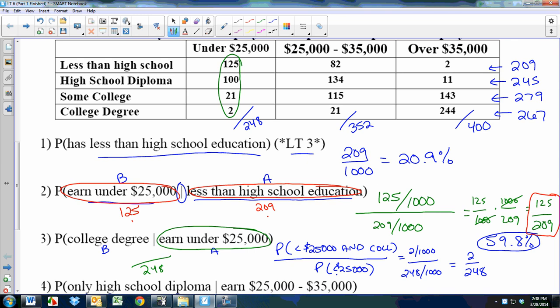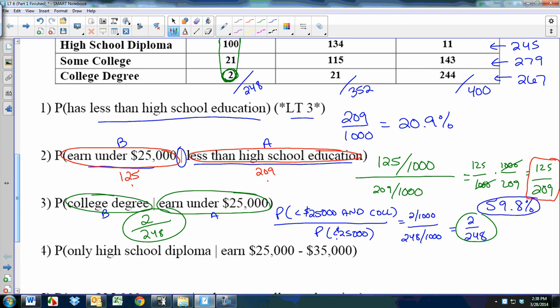Of those 248, how many ways can you pick a college degree person? 21. I'm sorry, that's the wrong one. Hope that wasn't too confusing. 2. There are only 2 that have a college degree. So 2 out of 248, same as 2 out of 248 if you use the formula.